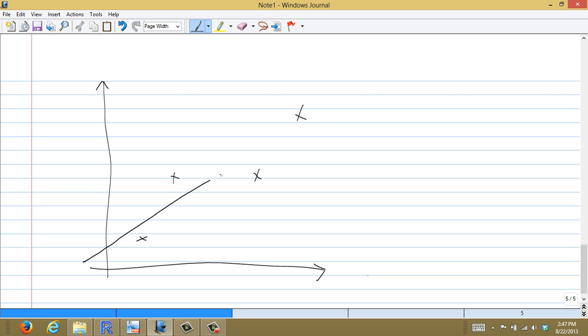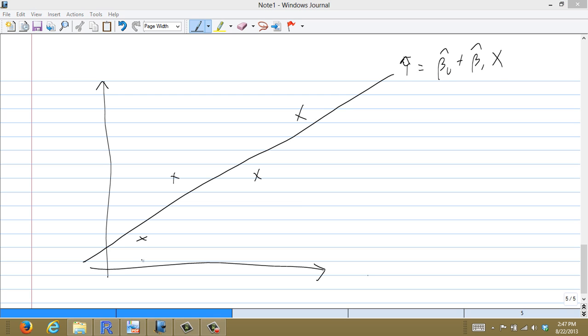And let's say that we have our estimated regression function, y hat, which is beta naught hat plus beta 1 hat x. If this is the first observation here, that's x1. The way that we get the first fitted value is by taking x1 and plugging it into this equation right here.